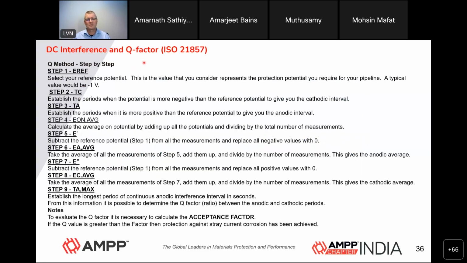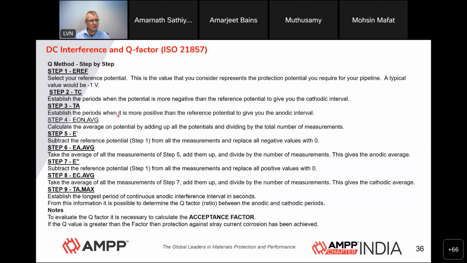So that's why I've turned to the ISO standard 21857, where there is a Q method. I'm not going to go through that Q method, but it's a step-by-step procedure, which you may clearly see involves quite a lot of analysis. There are different steps to go through.